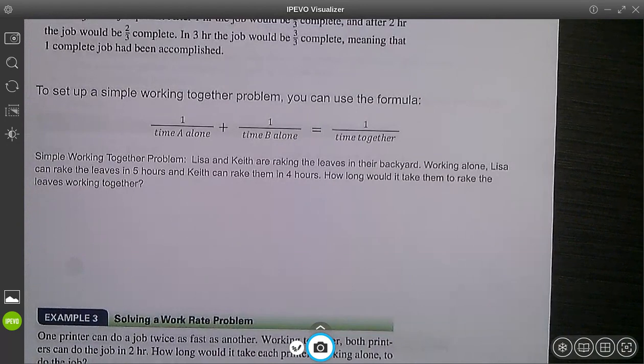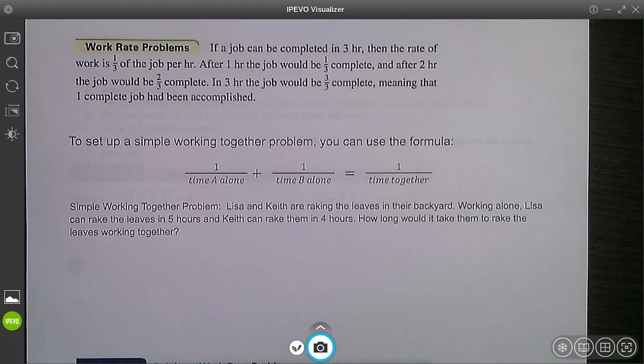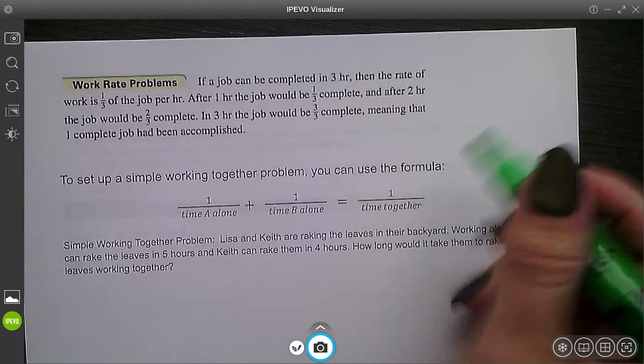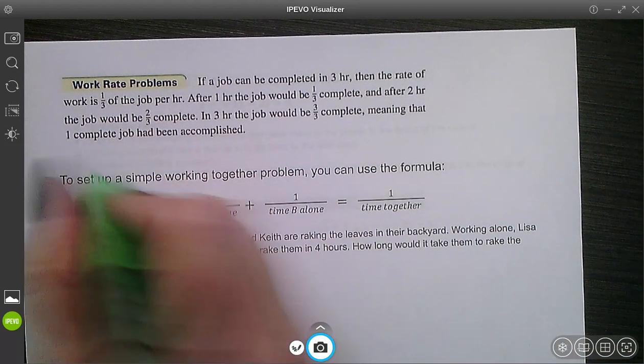An application of these rational expressions and rational equations is what we call a working together problem or a work rate problem. For a simple working together problem, you can just use this formula.